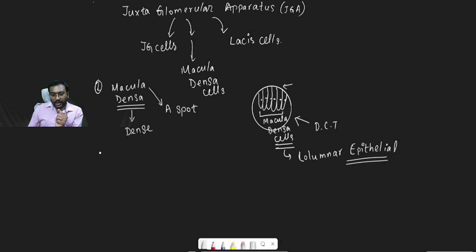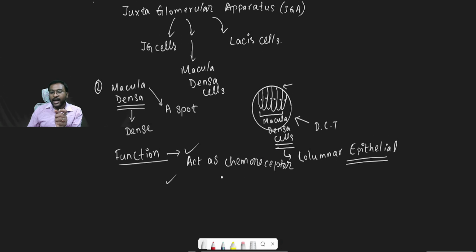So now if we consider the function of the macula densa cell, what kind of function do they perform? That is, the macula densa cell acts as a chemoreceptor. This is very, very important. Okay, acts as a chemoreceptor.